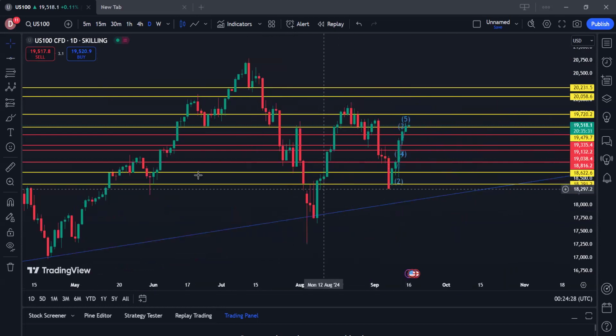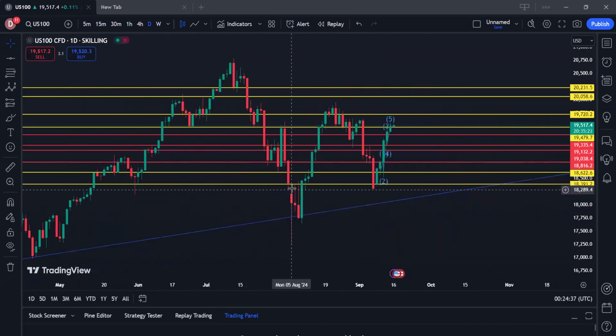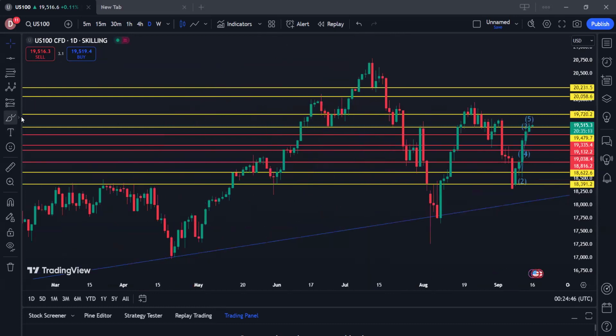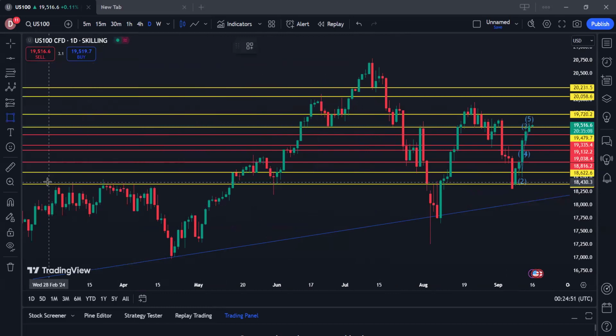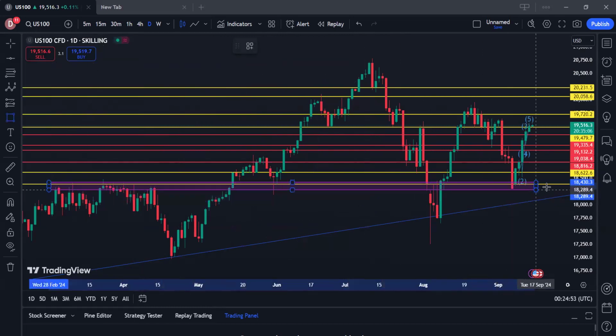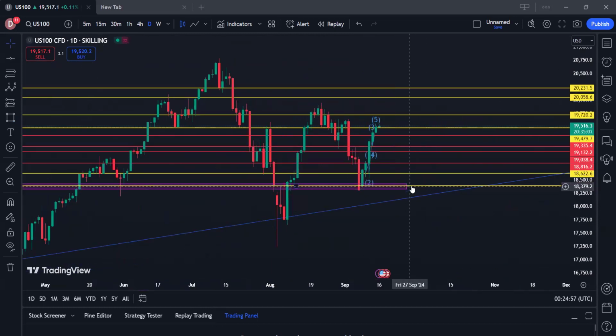Price came and touched this area quite a few times: 1, 2, 3, 4, 5, 6, 7, 8, and 9 weeks they have rejected this zone. So this zone is a very crucial area, with price consistently coming and rejecting this zone on the daily time frame.